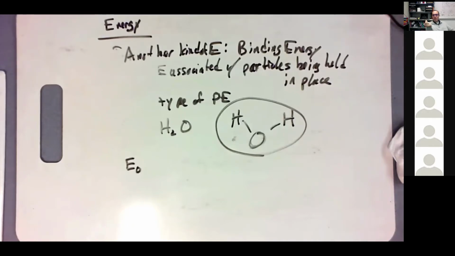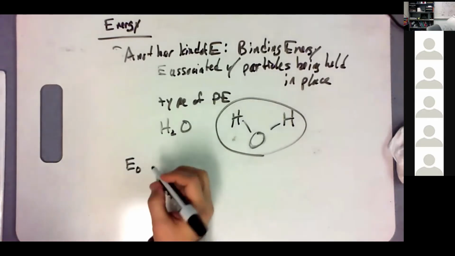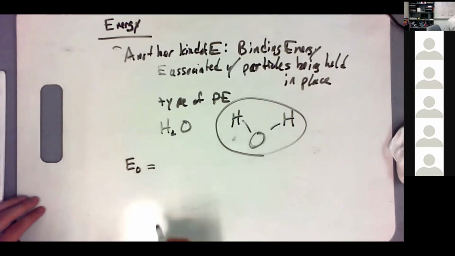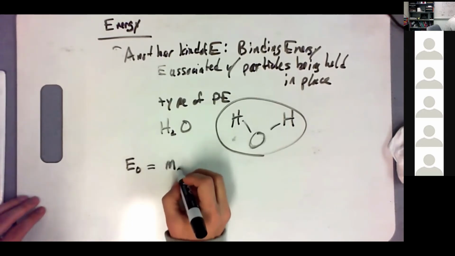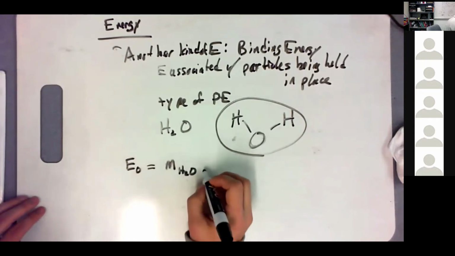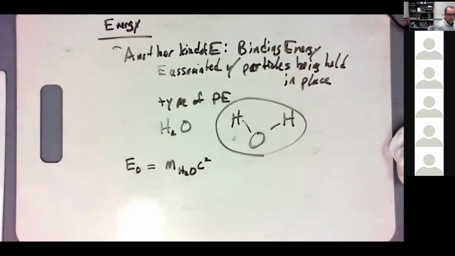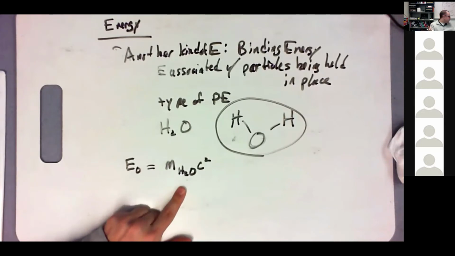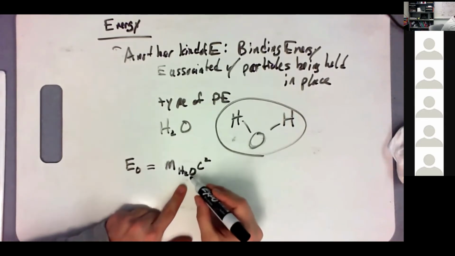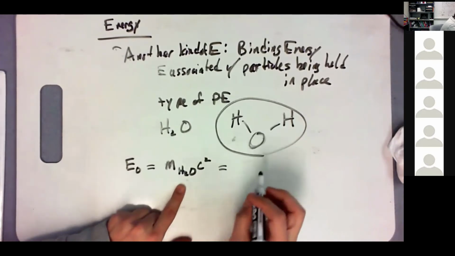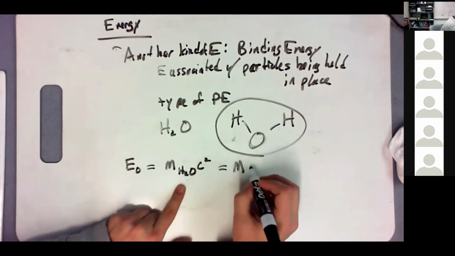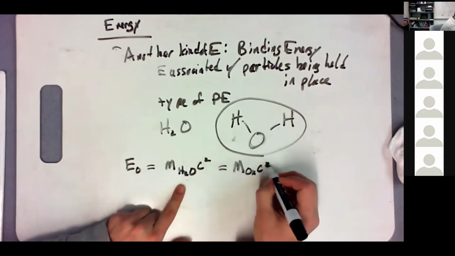What is its energy? It has some energy just by being there and existing because it has mass. This is going to be equal to the mass of the H2O particle times c squared, right? The rest mass energy is just the mass of that particle times c squared. That is sort of the definition of E naught, the rest mass energy. This is equal to the mass of an oxygen atom times c squared.